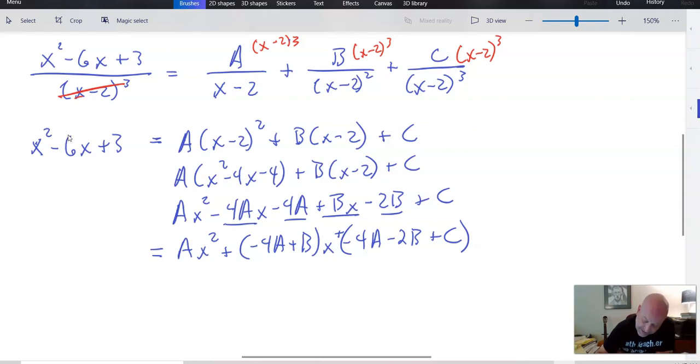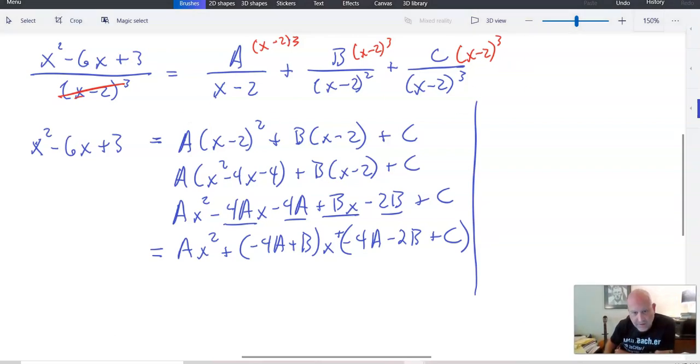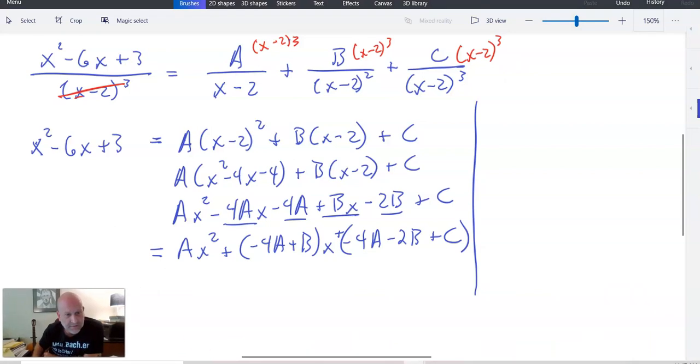So that means we can set up our system. Let me slide across here to give me a little bit more room. Okay, so now the x squared term first. That's a 1, so any coefficient of x squared has to be equal to 1. So we get our first equation as a equals 1, which is convenient because that's one of the values we're looking for.